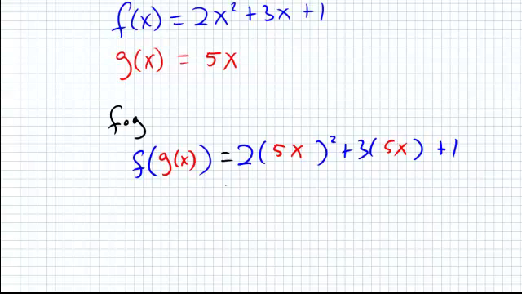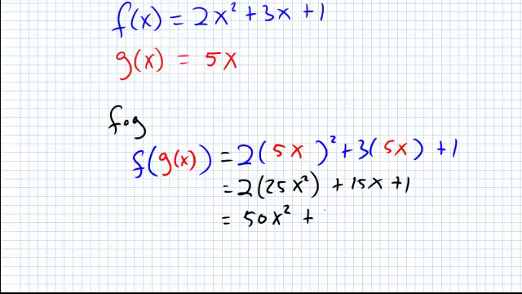And then I solve it out. So this is 2 times 5x squared, which is 25x squared, plus 3 times 5 is 15x plus 1. Finally, 2 times 25 is 50x squared plus 15x plus 1.